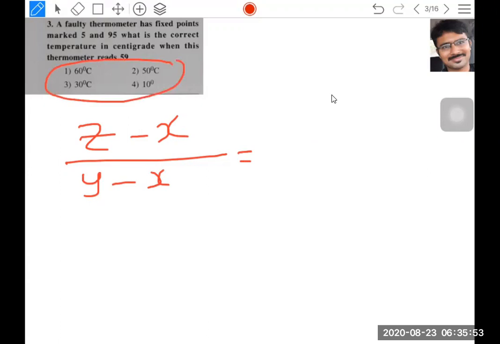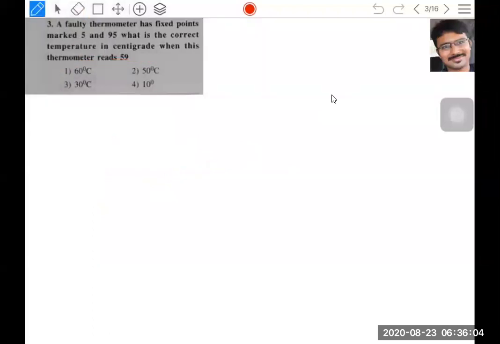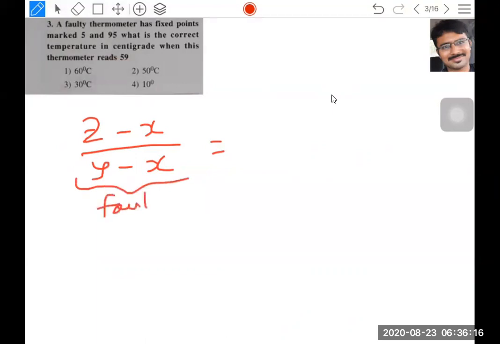We don't know what scale to take, but I noticed centigrade in the options, so I am taking the centigrade scale. Let me say it again: Z minus X by Y minus X, where X is the lower fixed point, Y is the upper fixed point, and Z is the reading. This is what is called the faulty thermometer.